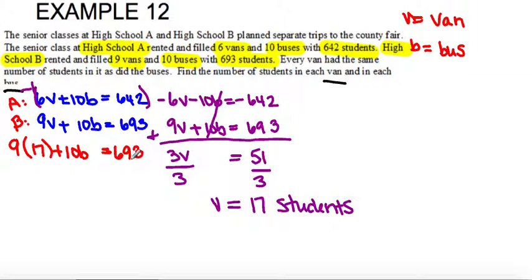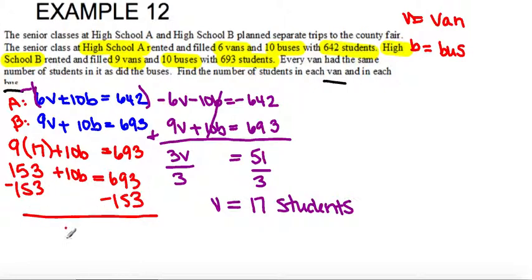So I have 9 times 17, which is 153, plus 10B equals 693. I have to get 10B by itself, so subtract 153 on both sides. So I have 10B equals 693 minus 153, which is 540.